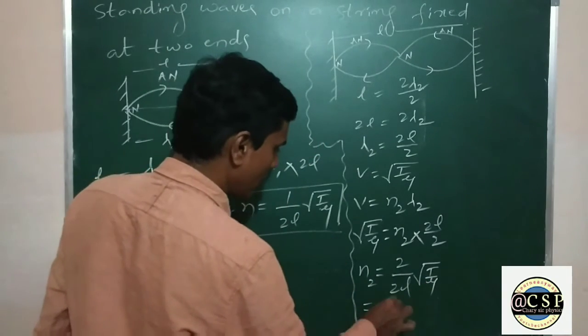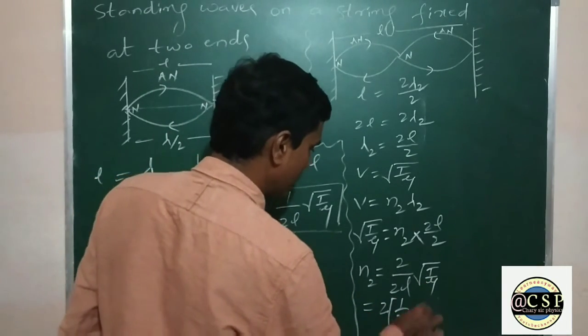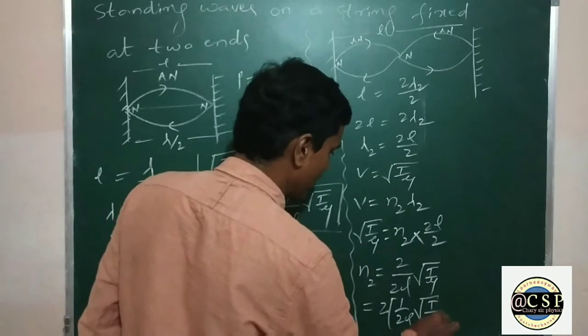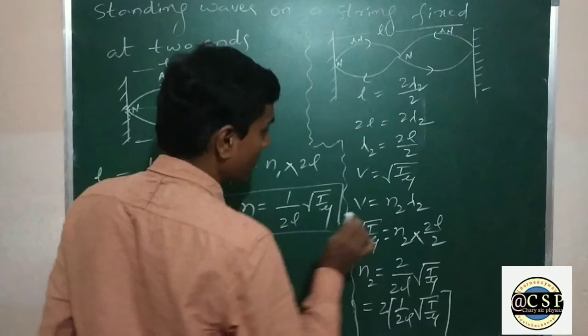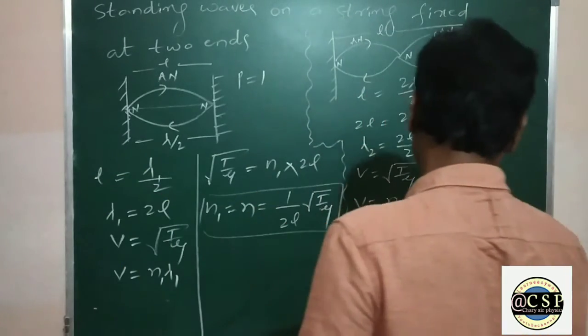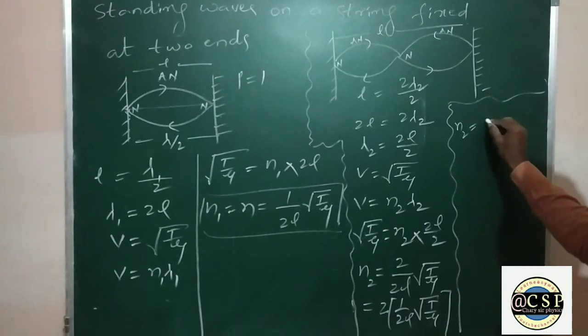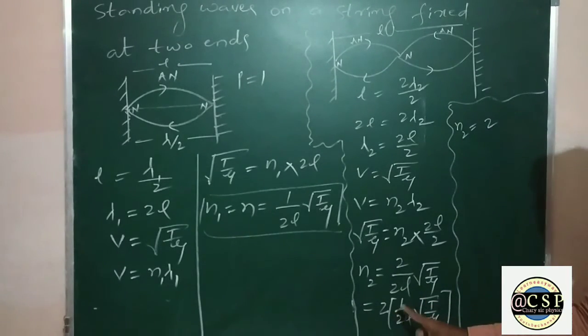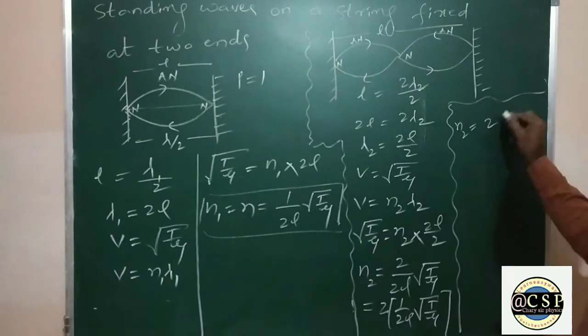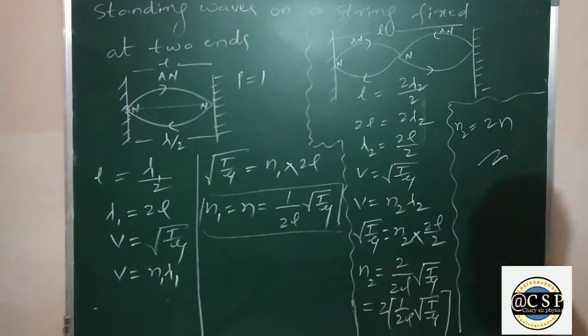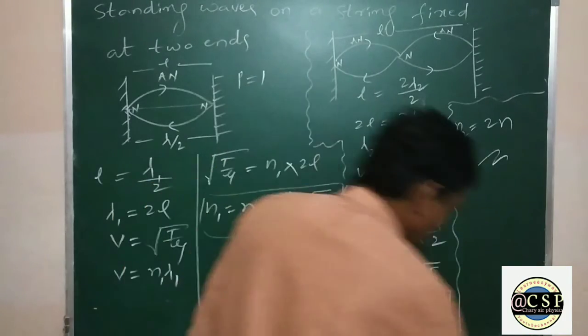So we take common 1 by 2L root T by mu, and N2 is equal to 2 of 1 by 2L root T by mu, that is 2N. Now write it.